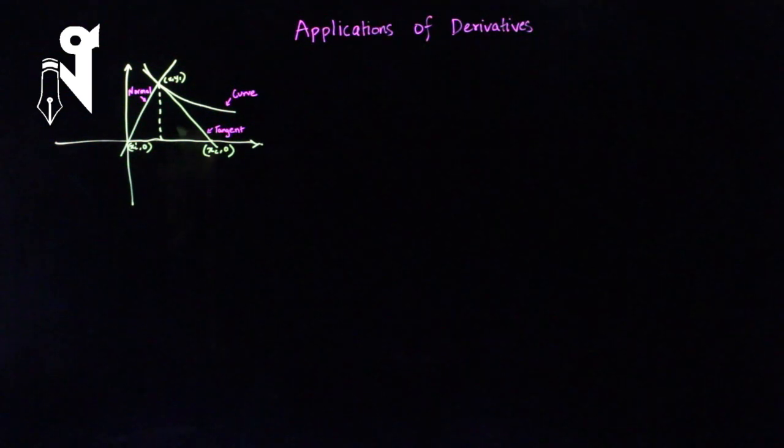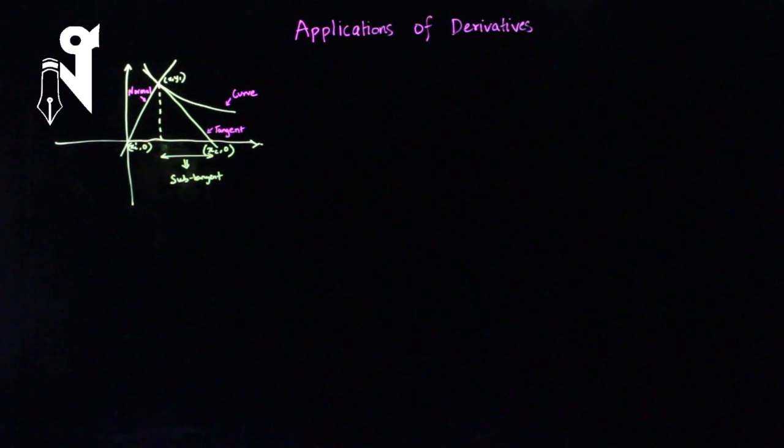The subtangent is the projection of this tangent, the distance between x1, y1 and xc, 0, on the x-axis. So that is this distance. This is our subtangent, and the distance is nothing but the difference between x1 and xc.